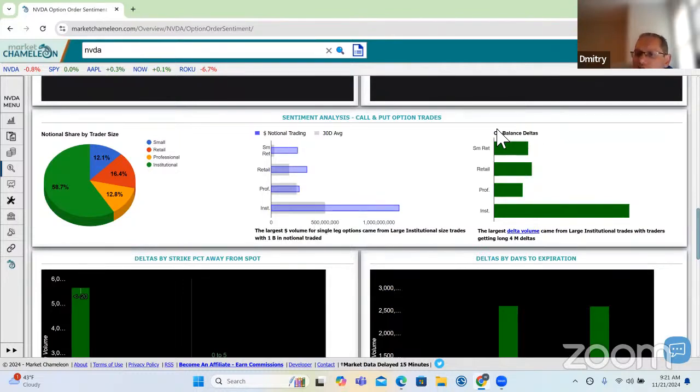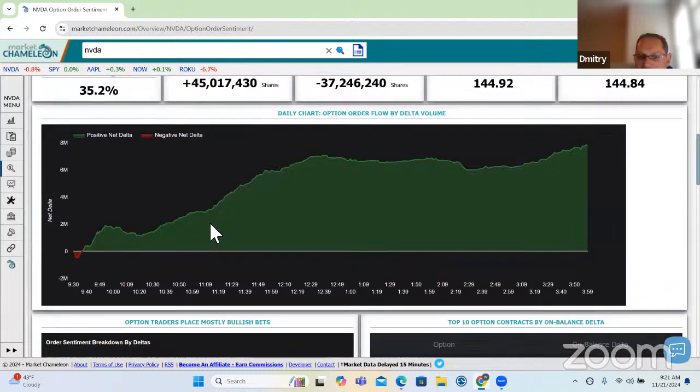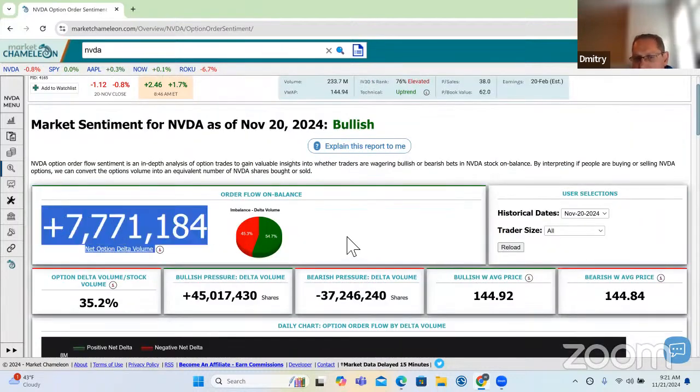So then we could also break down it by on balance delta volume. And what this lets us do is say we have this aggregate, right, that's showing up bullish, right? In aggregate, we're seeing that it added up to a positive 7.7.